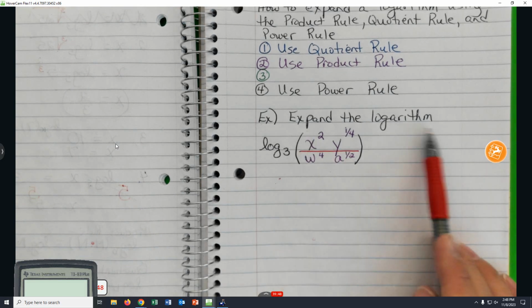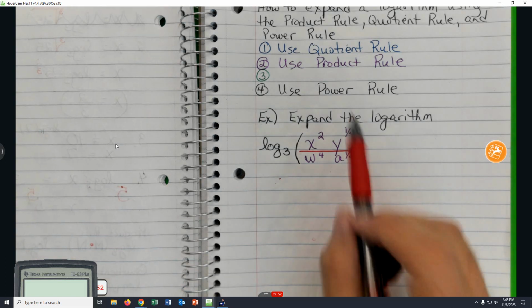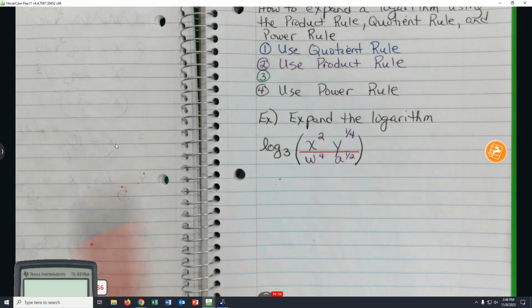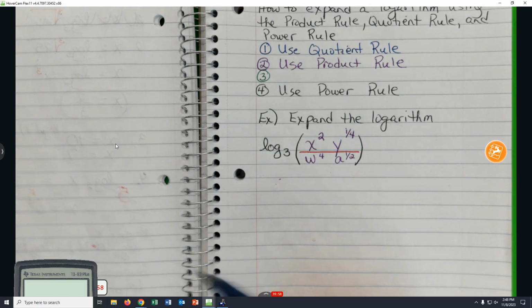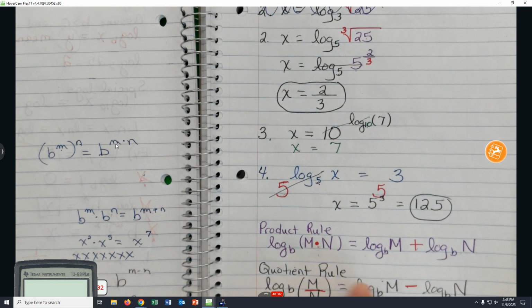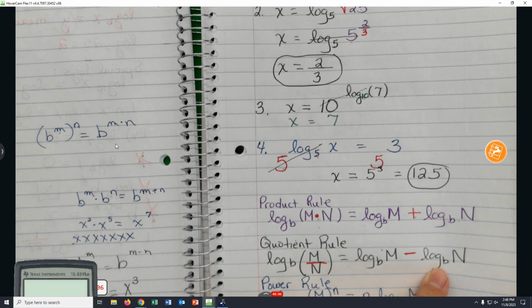That's what expanding means. Well, the first thing we do, we use the quotient rule. The quotient rule says the log of a fraction is equal to the log of the numerator minus the log of the denominator.